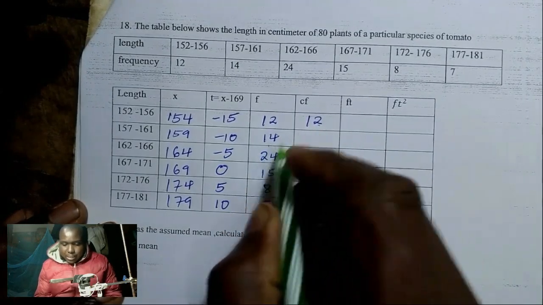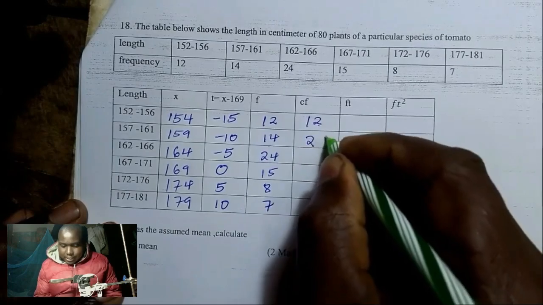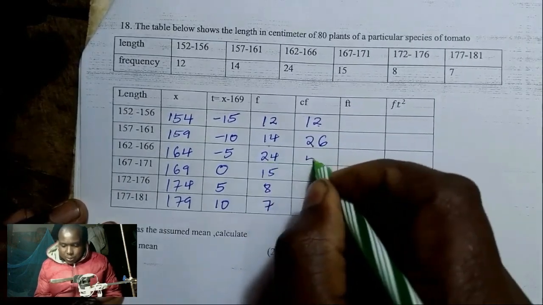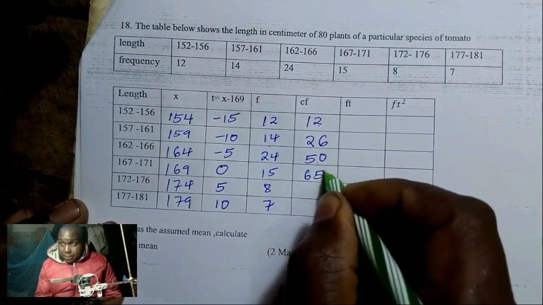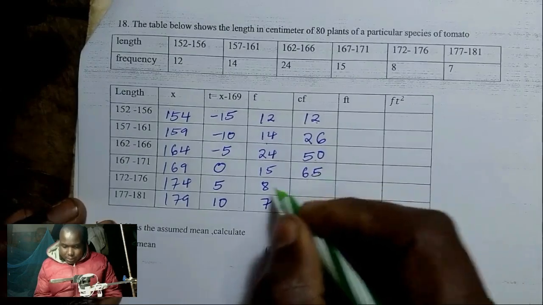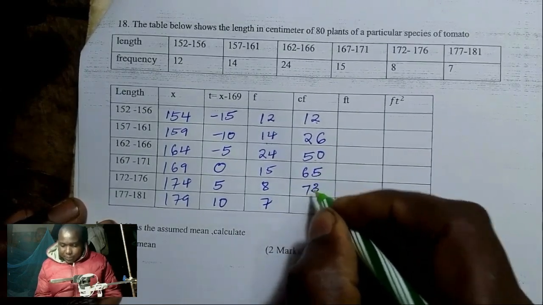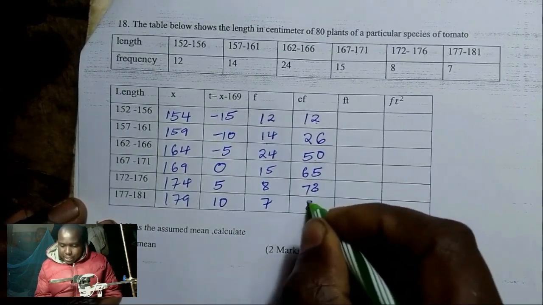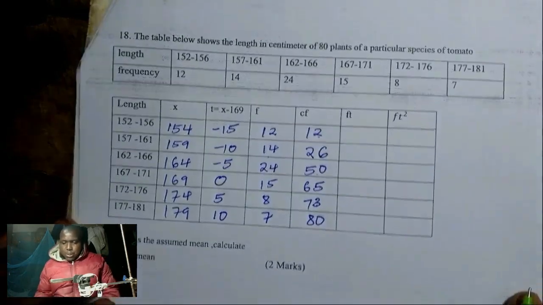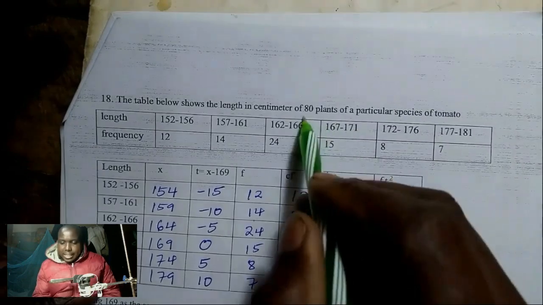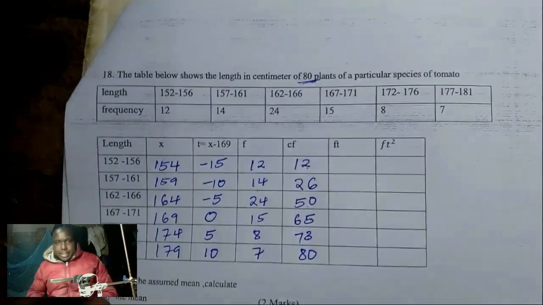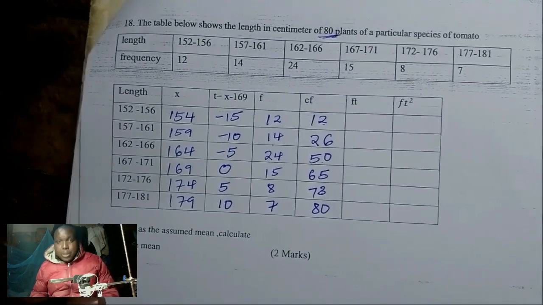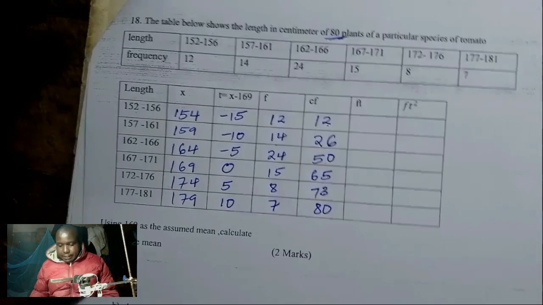So 12 plus this is going to be 26. 26 plus 24 is 50. 50 plus 15 is going to be 65. 65 plus 8 is 73. 73 plus 7 is going to be 80. So the total cumulative frequency should be the same as the total frequency. Be sure of that.